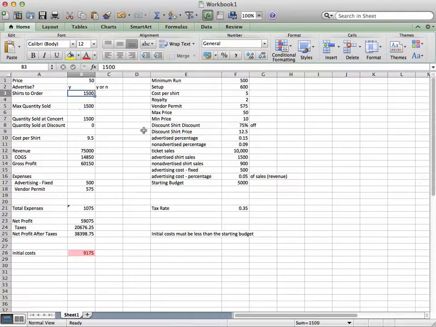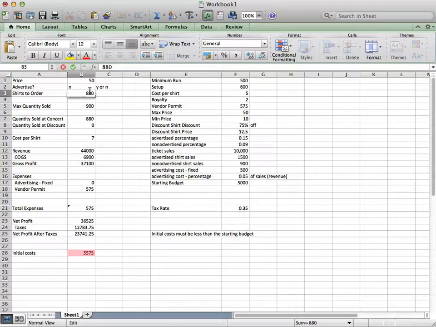So whenever I pick a shirts to order that gives me a number greater than the budget, it turns red. I also have to get the vendor permit ahead of time. Forgot about that.